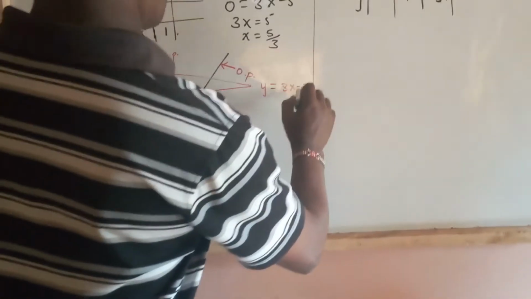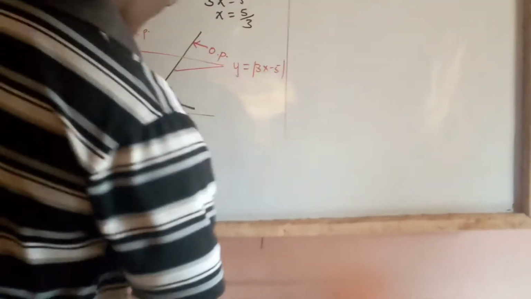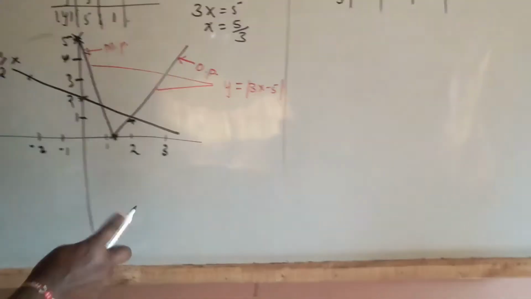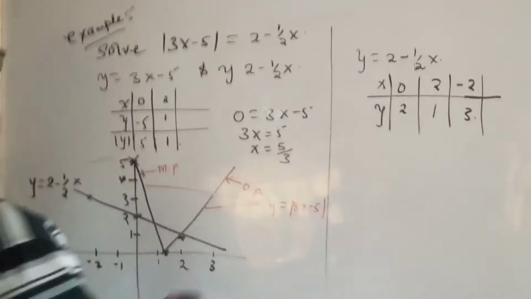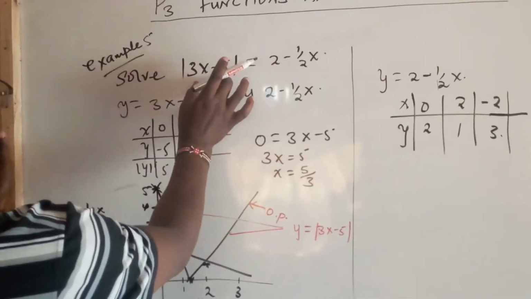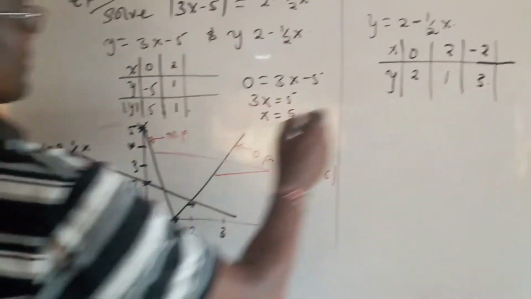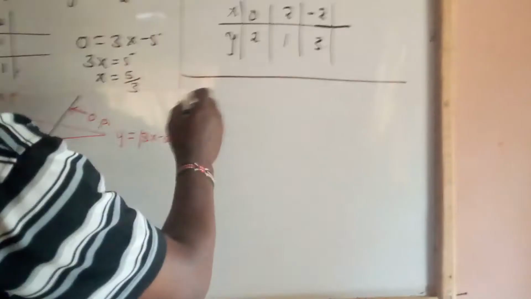This shows y = |3x - 5|. At some level, it would not have been necessary to sketch this, because you could have just taken the positive aspect of this and solved for x, and the negative aspect of this and solved for x.